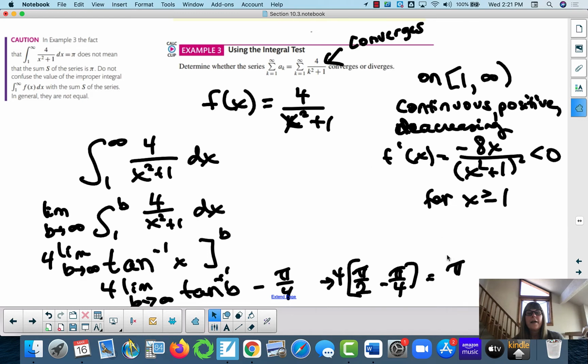Okay, all we're doing is looking, does the improper integral converge to a number? If it does, then the series converges, but we don't know what the sum is. We'd have to find another way to find that sum, if it's even possible. So most of the time, the sum of the series and that number you get when you evaluate the improper integral are not the same thing. So be very aware that that is not the sum.